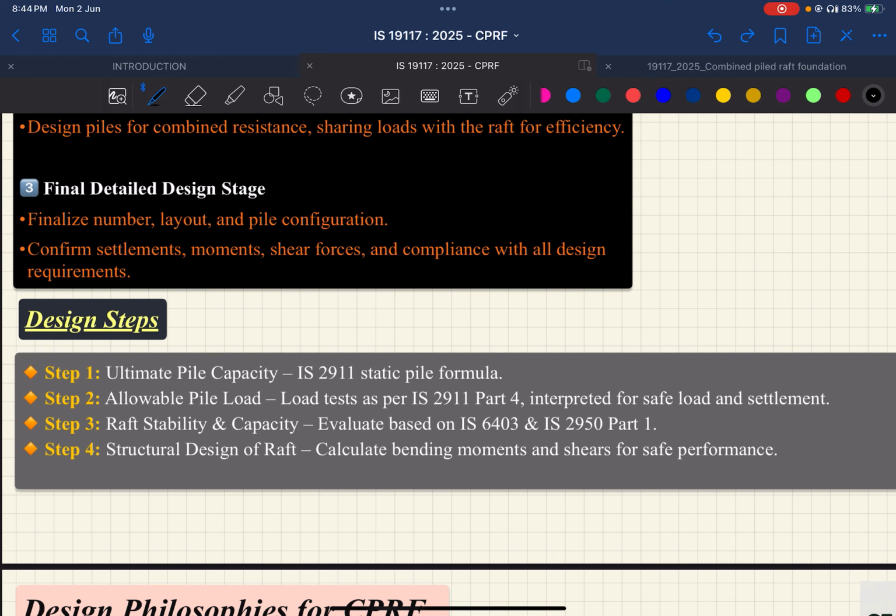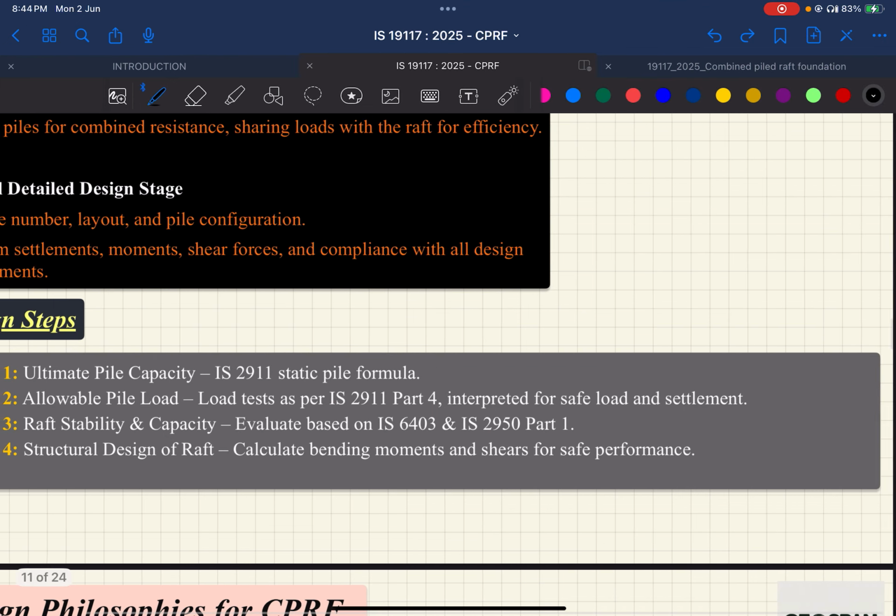The load settlement curve from this test is then interpreted by a geotechnical engineer to establish the safe load and settlement behavior of the piles.